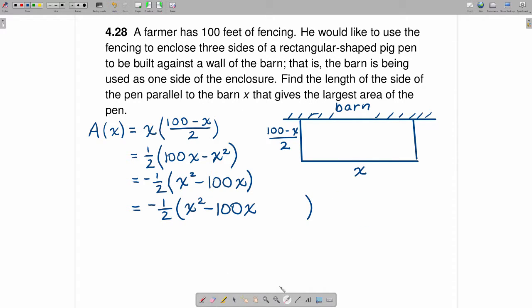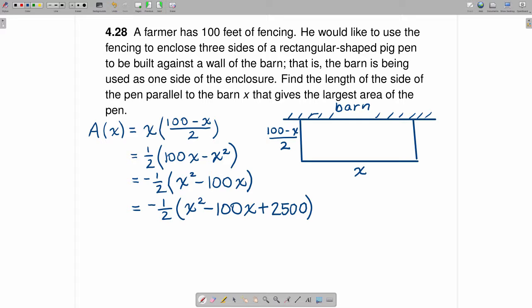The way you complete the square is you take the coefficient in front of the linear term, which is -100, and you take half of it. Half of -100 is -50, and then you take -50 and square it, and -50 squared is 2500. That gets added right here.